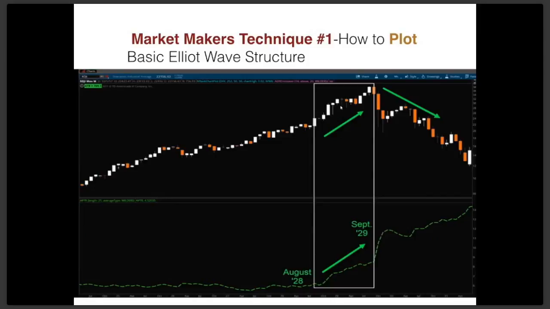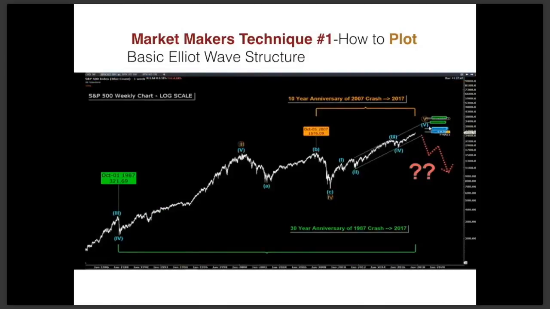And after it reached a certain level, a crash happened. This was not too long ago, August 28 and 29 last year, all right? And where we are right now, on the S&P 500 weekly chart, wave 5 is at about the 3,000 mark, right? The resistance will be at 3,000, okay?